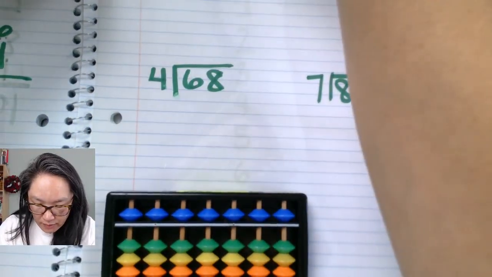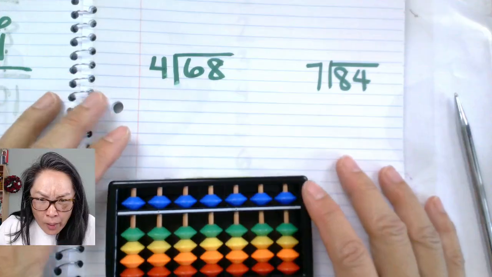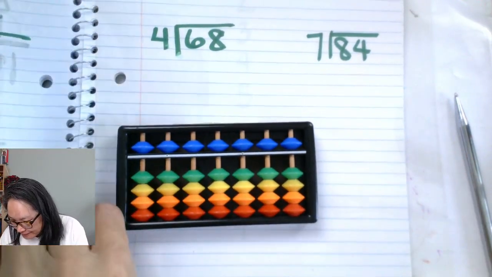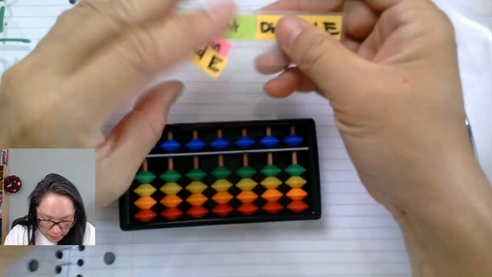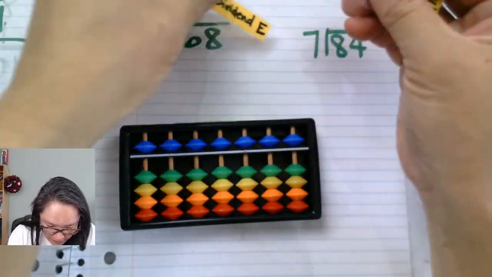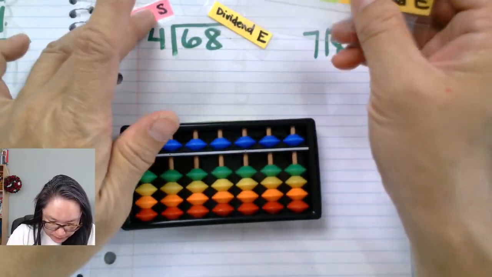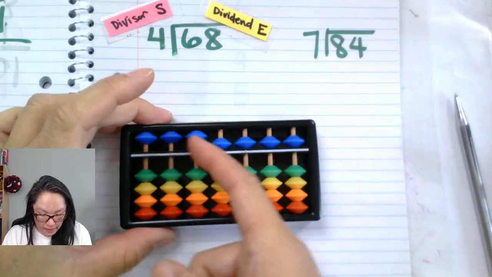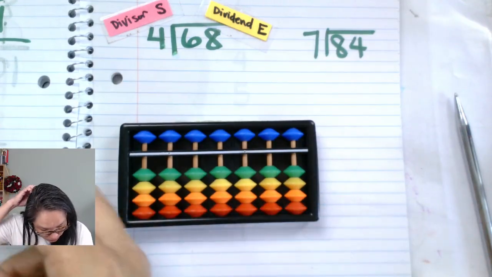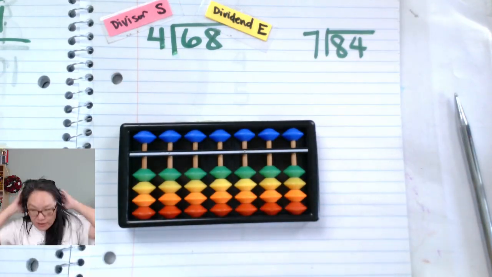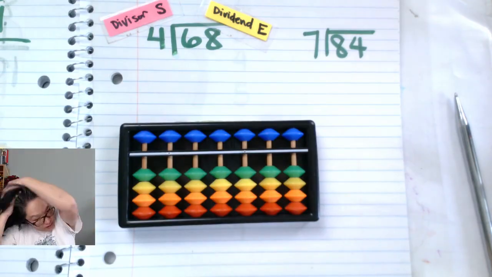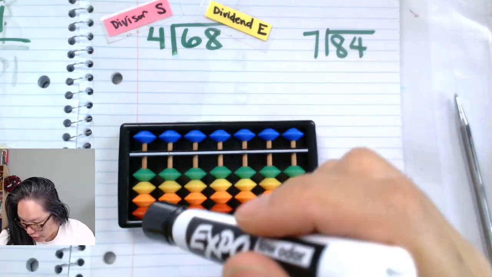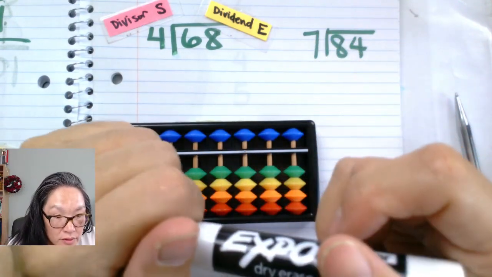We need to remember our dividend and our divisor. The reason why is because we need to know where to put our number. We have to count just like we did for multiplication.